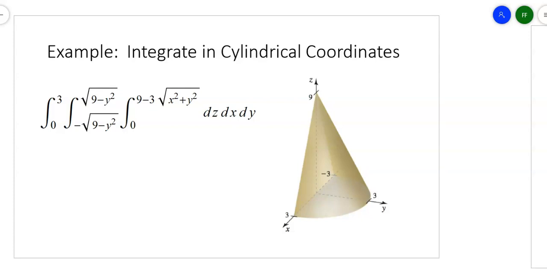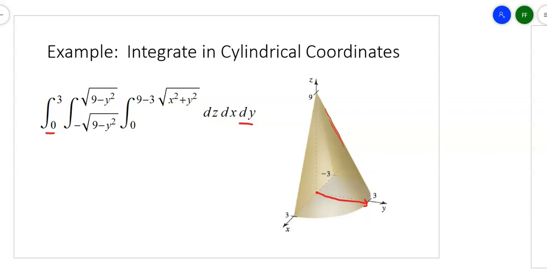That would be the side of that cone that's over here. The cone stops here at y equals 0, so you notice that the y's, that's the outermost limit of integration, start at 0 and go up to 3. So as you want to find that volume, you'll go from 0 to 3.